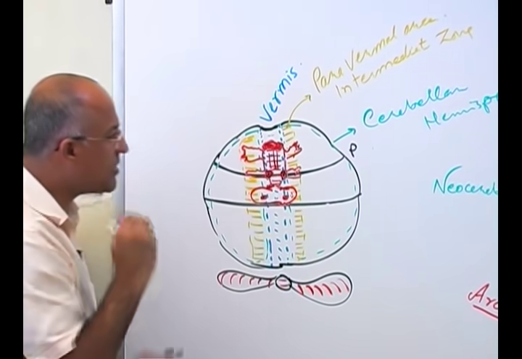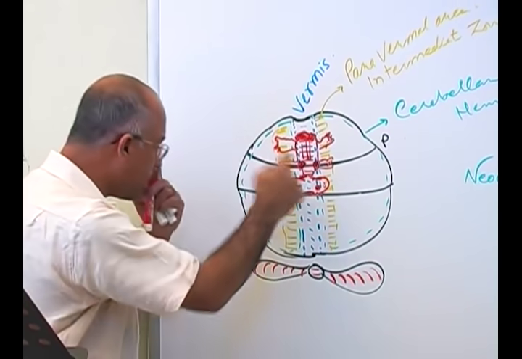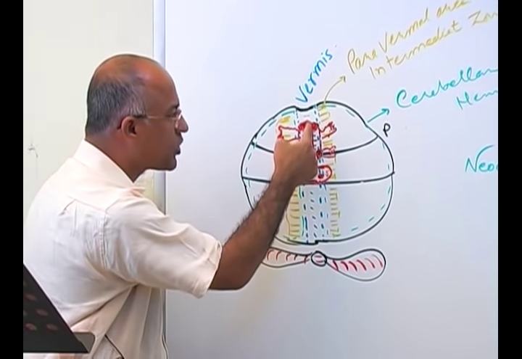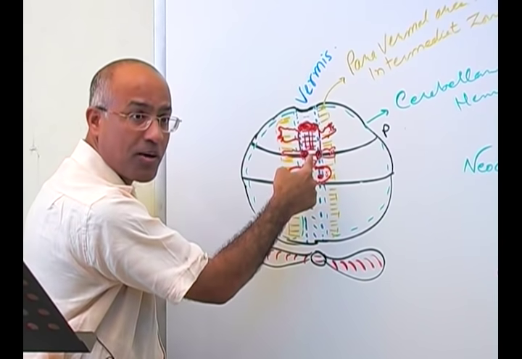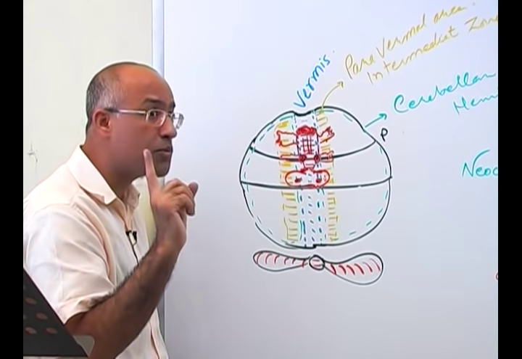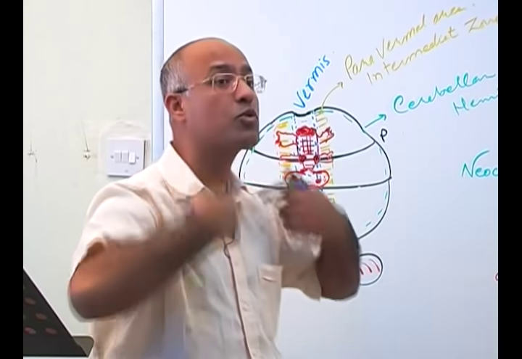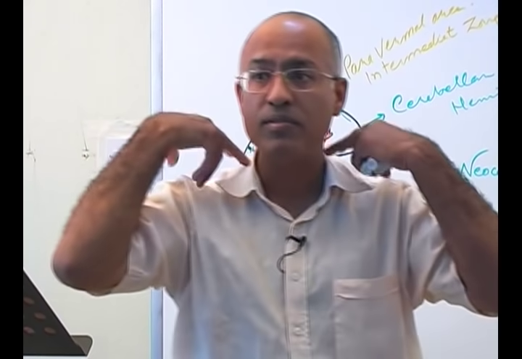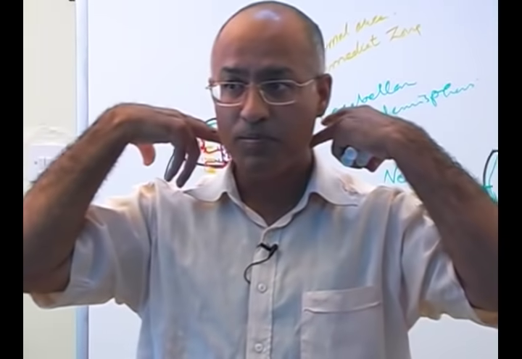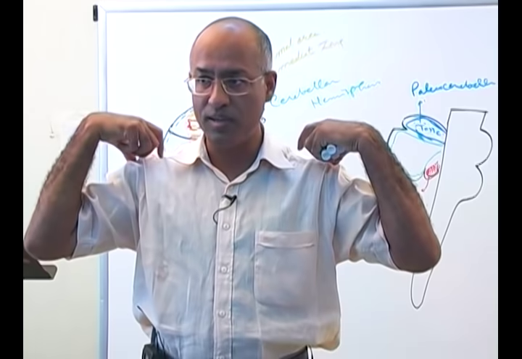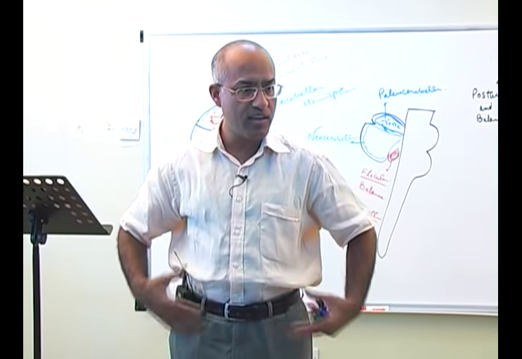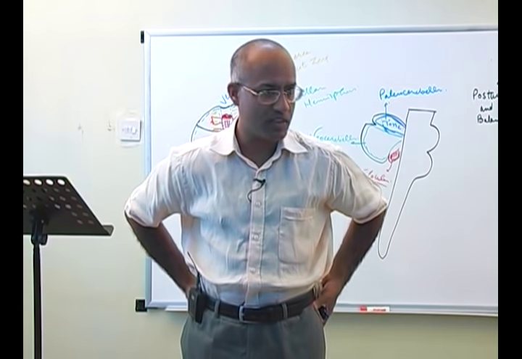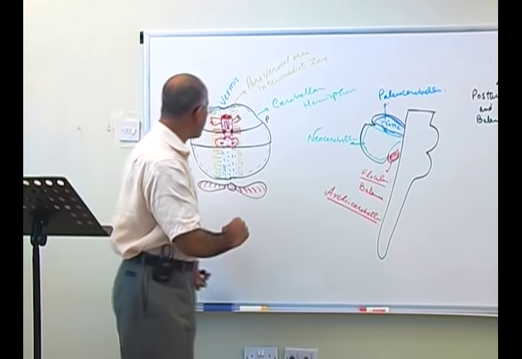So from here you can infer that if there is damage to this area, the problem will be with which motor system? Axial musculature. Axial musculature means neck, then shoulder, trunk musculature and hips. Is that right? So this is vermal.